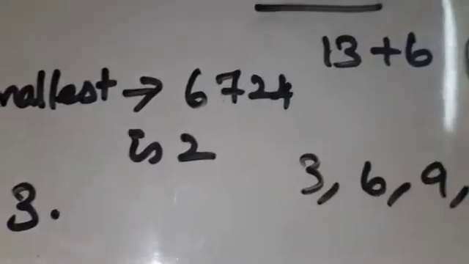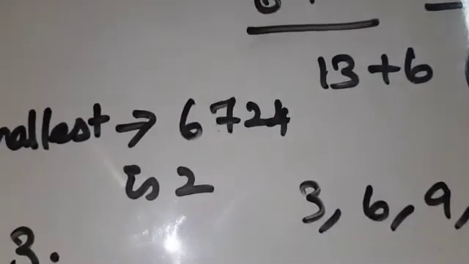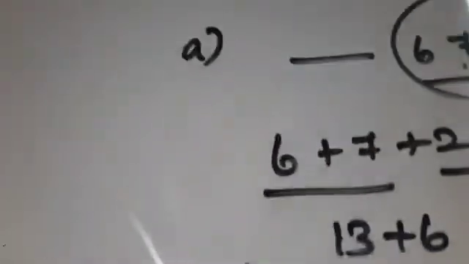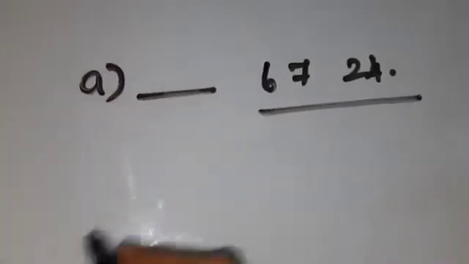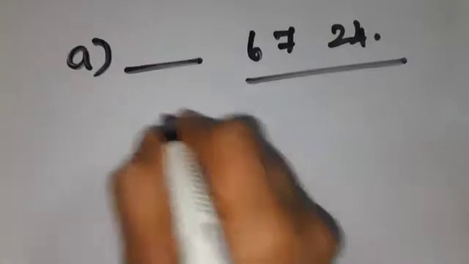Now let's check for the greatest number that can be added to 6724. The total of 6724 is 19.